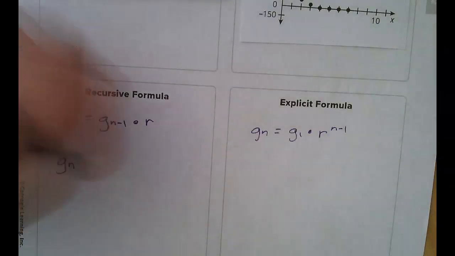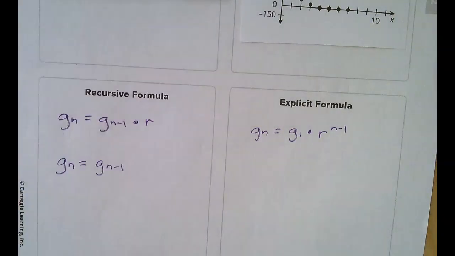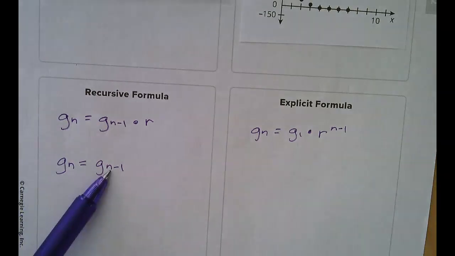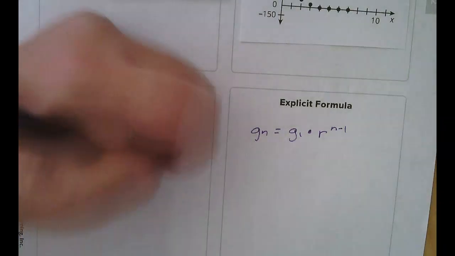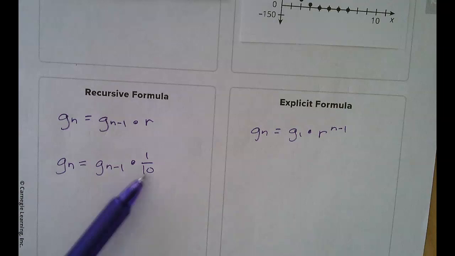So our recursive formula for this sequence is G sub n equals G sub n minus 1 times r. So here is our recursive formula. To get the term, take the previous term times 1/10.